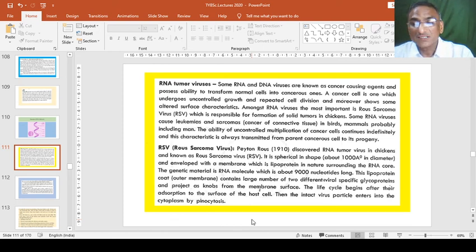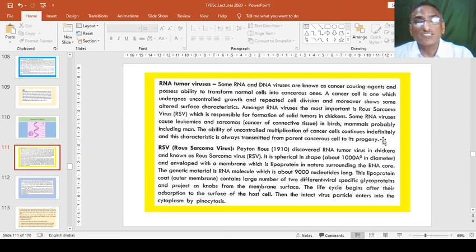and the life cycle of these particles begins after their adsorption on the surface of the cells. Mostly they enter through the cell surface in different ways and attack the cells.